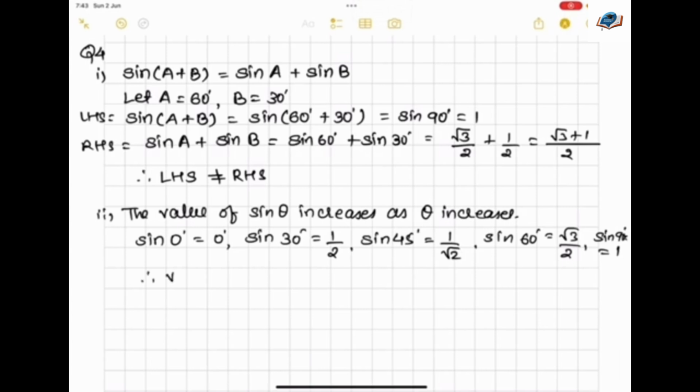So therefore value of sin theta increases as theta increases. So it is true.